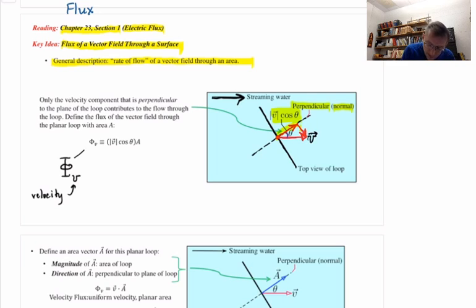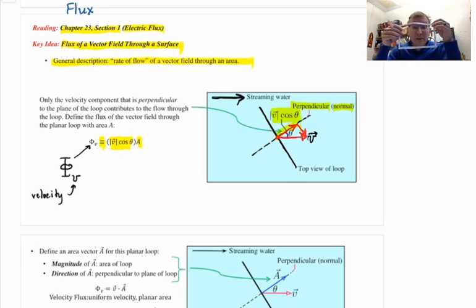That's what this symbol is right there. And the velocity flux through this rectangular loop is defined to be: take the component of the velocity along the perpendicular direction, magnitude v cosine theta, and then just multiply by the area inside the loop. That's this area inside here.